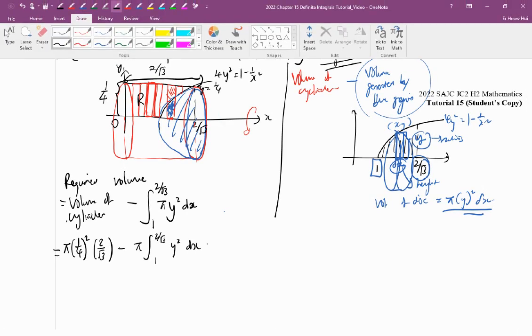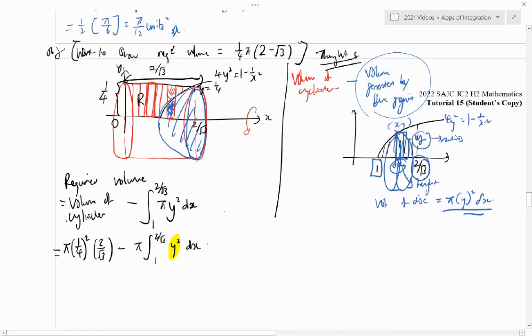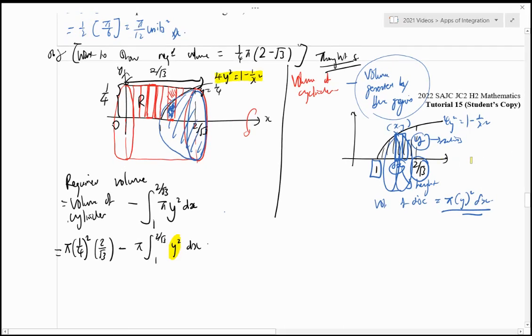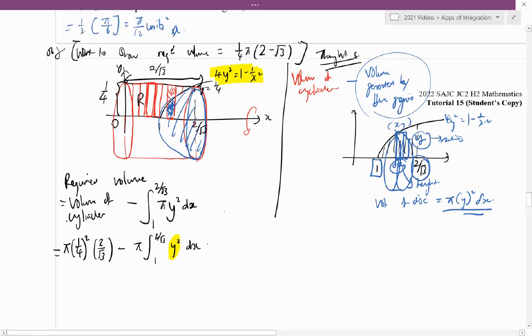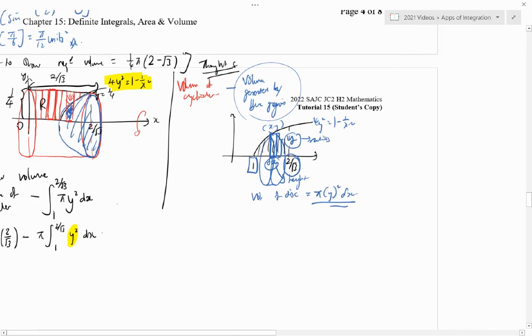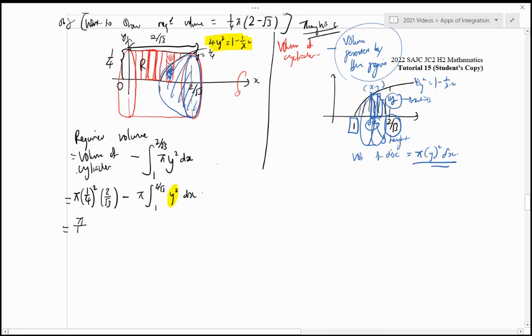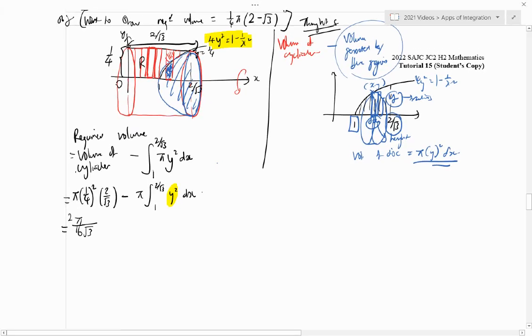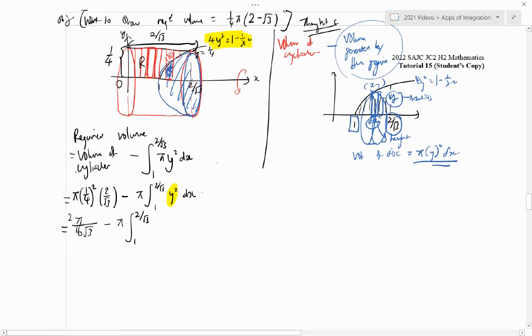So now our job is to replace y squared in terms of x, for which the relationship of x and y is given by the equation of the curve. So this is equal to pi over 16 times 2 over root 3, that is 2 pi over 16 root 3, minus pi integrating 1 to 2 over root 3 of y squared.